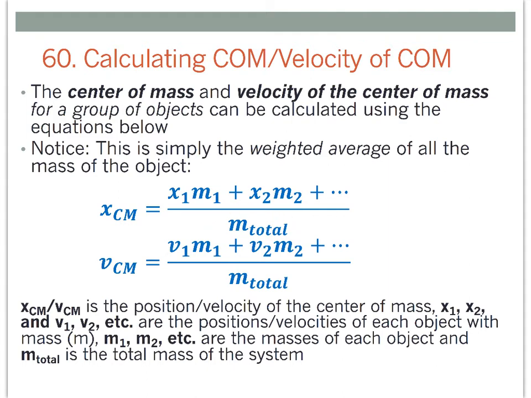Same thing with velocity of the center of mass, except now we're using the velocity of each object. We could do it with the acceleration of the center of mass. We could do it with the jerk of the center of mass. It doesn't matter what quantity we're looking at. The way we're going to find it is by doing a weighted average, where we take each individual quantity times its mass, add those up, and divide by the total mass.